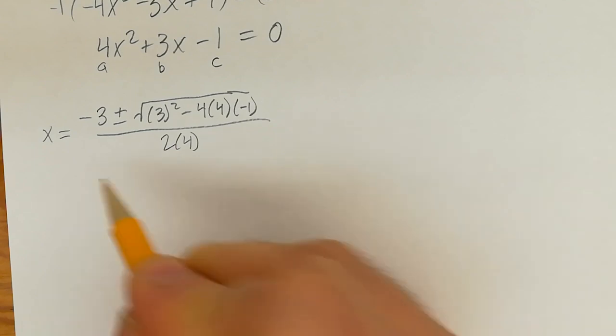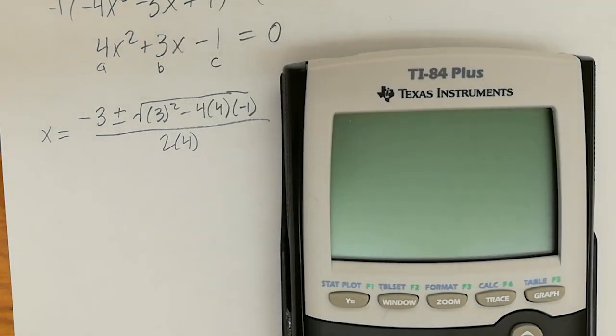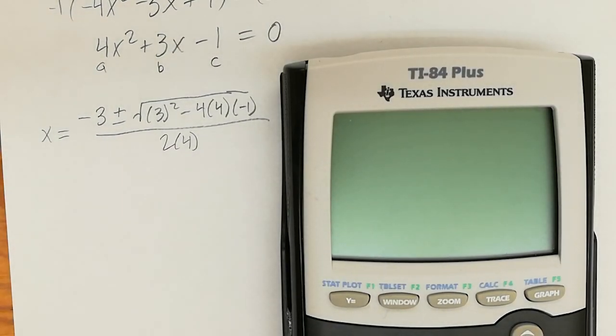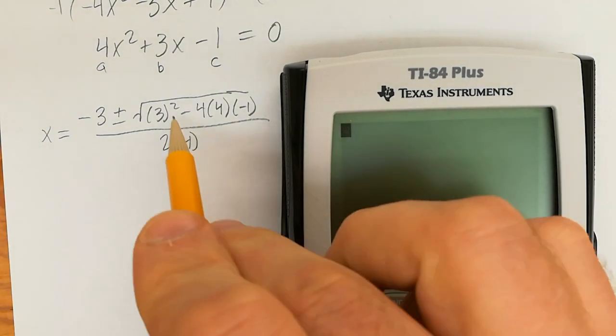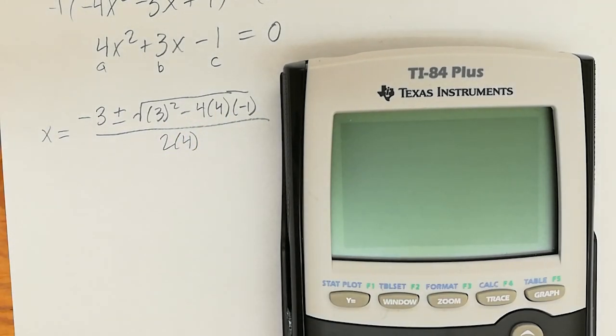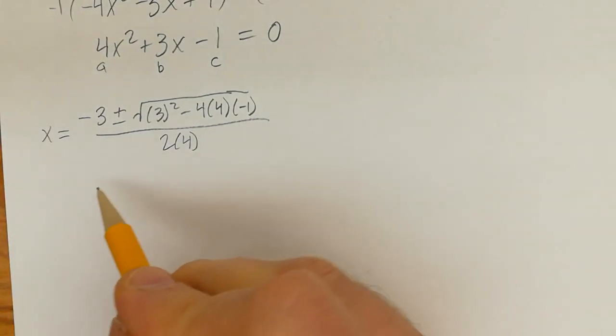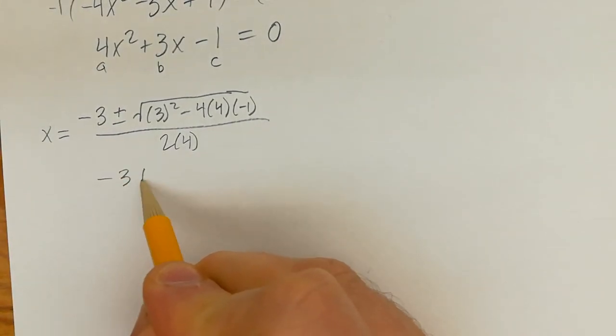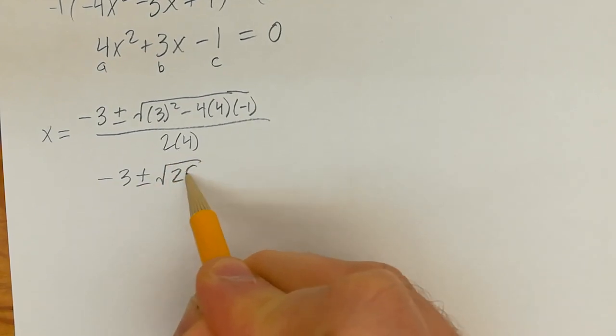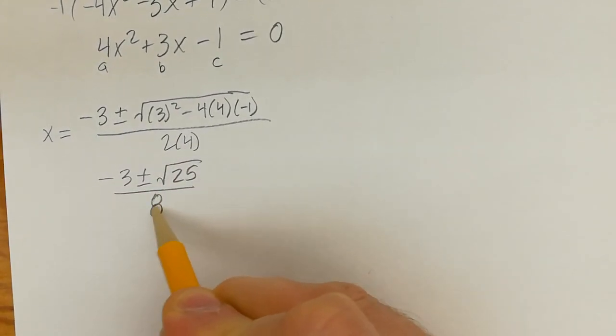Let's see, so I'm going to just go ahead and put this in my calculator. We do want exact answers here, all right? So 3 squared minus 4 times negative 1, we get 25. Oh, that's nice. That's a perfect square. And then we'll get 8 down below here.